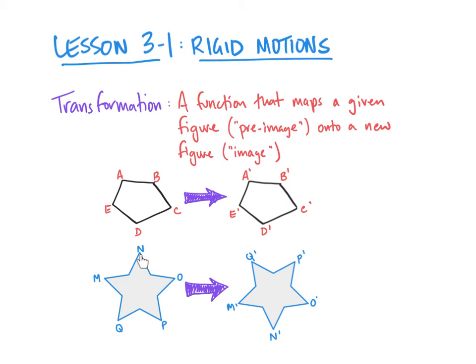So you can see the N went from being on the top and the Q and the P on the bottom to now the N is on the bottom and the Q and the P are on top. So I transformed this shape by first sliding it over and then flipping it. The transformation I did mapped this shape from where it's at right now, the preimage, to this new shape called the image that's in a different spot on my plane and it looks slightly different, right? So those are called transformations.